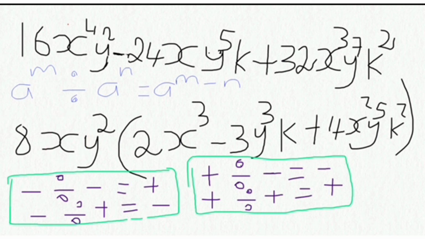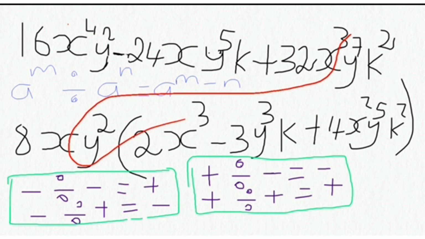And then we move to variable y. Y to power 7 divided by y squared. The bases are the same. Write one base, we subtract the indices. Y to power 7 minus 2, the answer is going to be y to power 5.